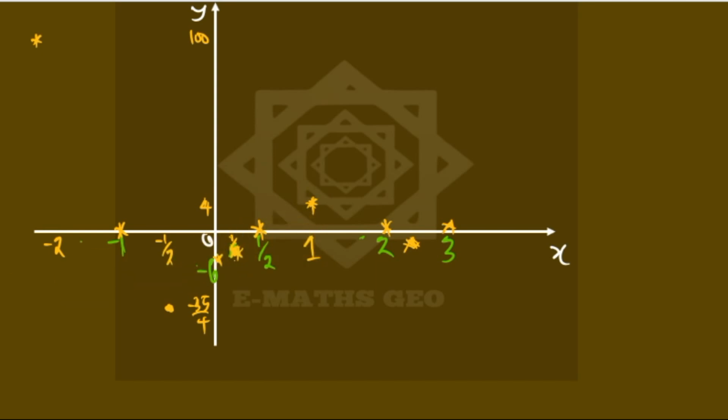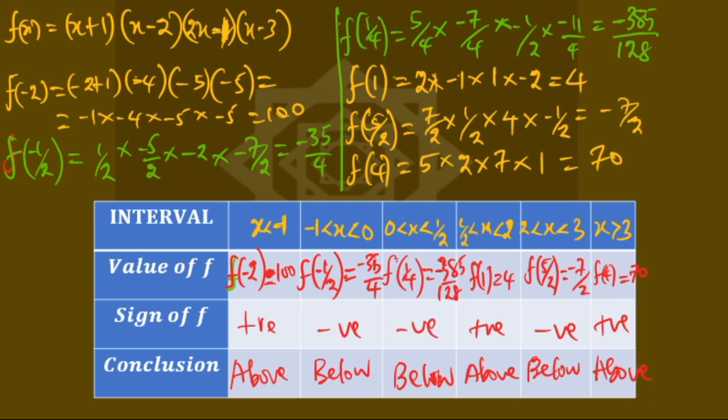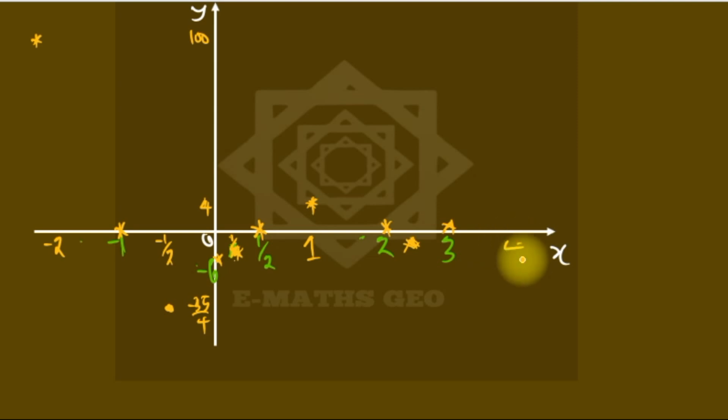Before we now choose above 3, which is 4. We chose 4 and we got 70. So let's include 4 here. We got 70. So this is 100. So 70, let's make it somewhere here. This 70. So let's now join the points. So let's join. We'll start with this.